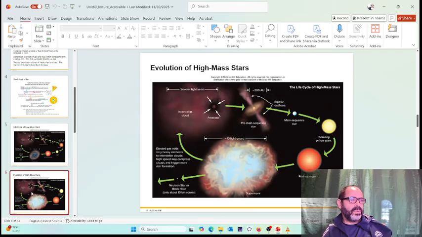A high mass star, on the opposite side, starts similarly. Granted, it has more material to start with, so it's going to collect more material to begin with. It goes through the protostar stage and ejects the materials, but now it has more mass, so it needs a hotter temperature to maintain that pressure.